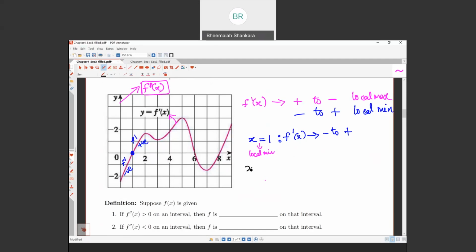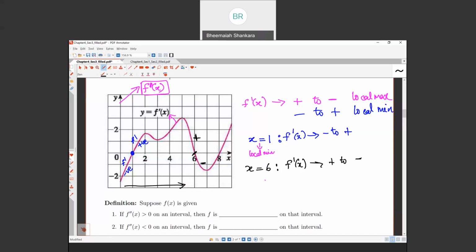Next, you want to carefully observe the point x equal to 6. When you read the graph, you always read from left to right. So the f prime value was positive above the x-axis and becomes negative below the x-axis. At 6, this positive to negative is changing the sign. So you want to write at x equal to 6, the f prime function, which is the graph, is changing from positive to negative.